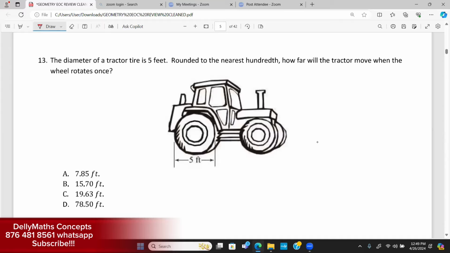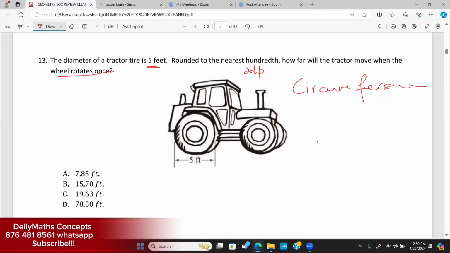The diameter of a tractor wheel is 5 feet. Round to the nearest hundredth, which is actually 2 decimal places. How far will the tractor move when it rotates once? If you rotate once, it's the circumference you're looking at.